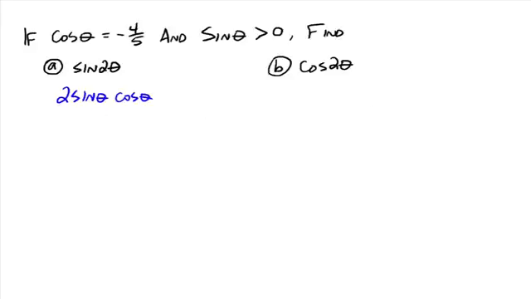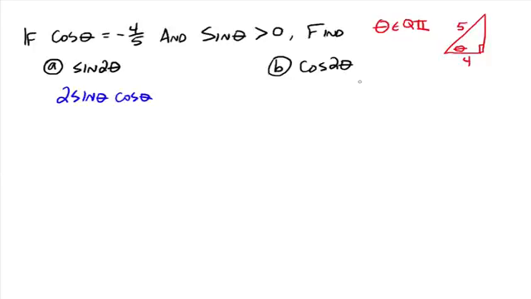You've got several ways to do it. One way is to draw a little triangle, and say, here's theta. If cosine theta is negative 4/5, cosine is adjacent over hypotenuse. I'm going to leave off the negative sign here because really, what quadrant is theta in? Well, if cosine's negative and sine's positive, that's quadrant 2.